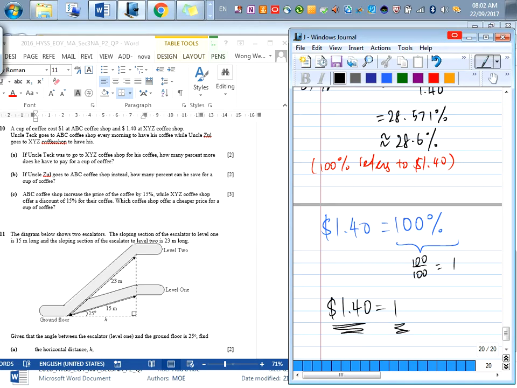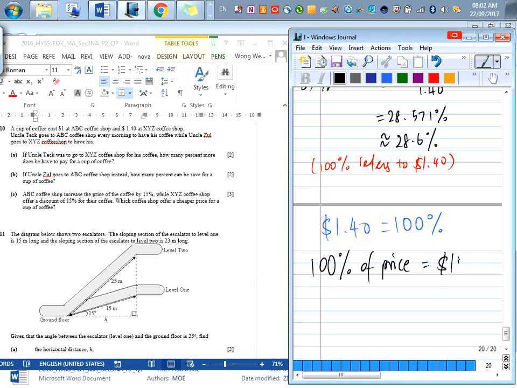Okay, what she should have written down was 100% of price equals to $1.40 of this is XYZ, right?